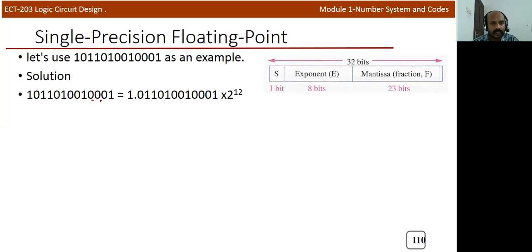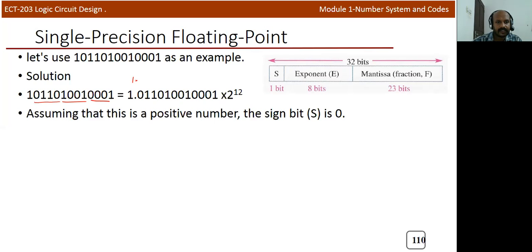If you look at this, this is 4 bits, this is 4, and this is 4. If you move the point, you can see 4 plus 4 plus 4, that is 12. So you can write 1 point, the remaining value, times 2 raised to 12. So you can write the given binary number as 1 point something. This we already discussed.